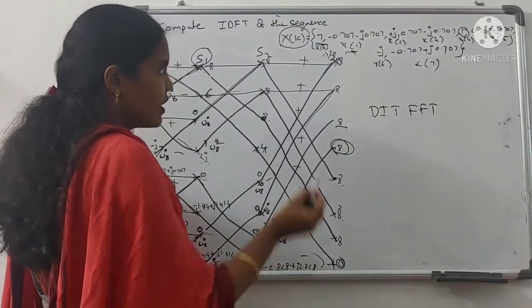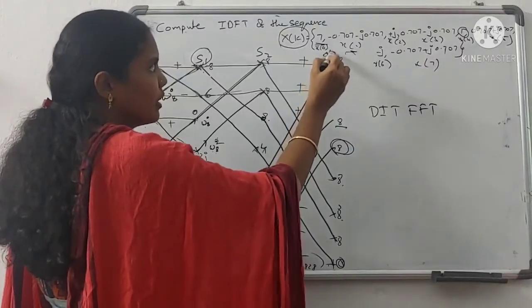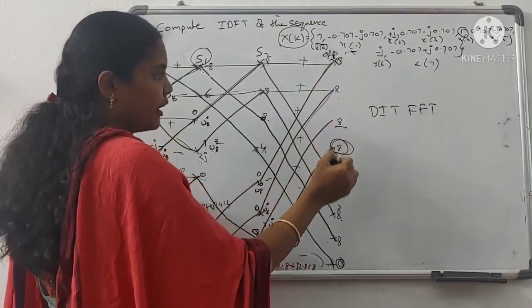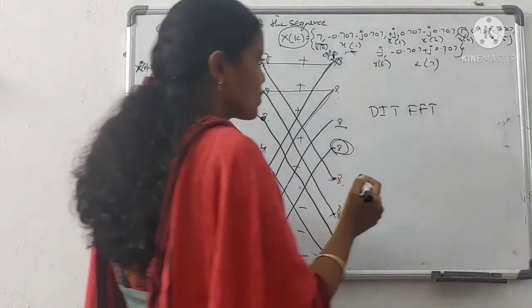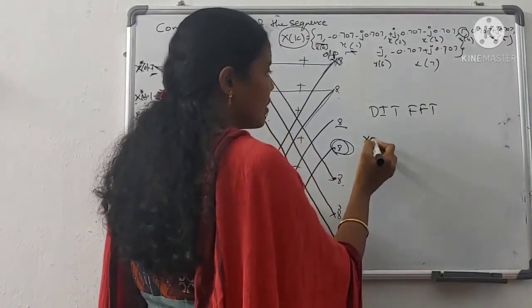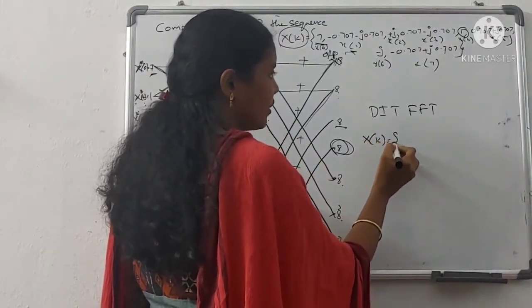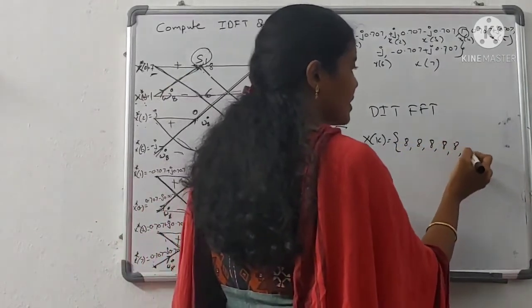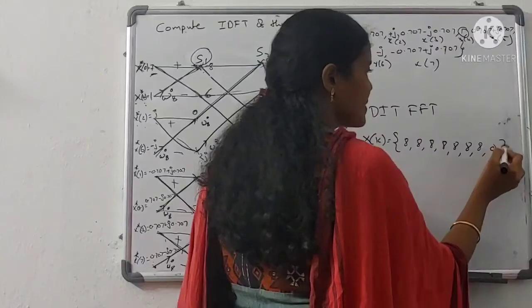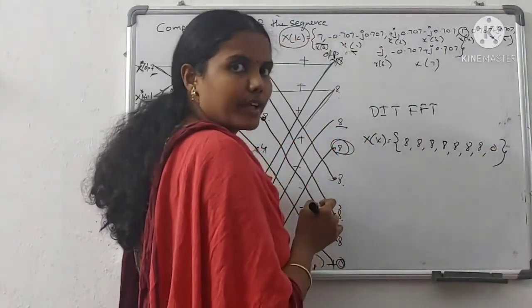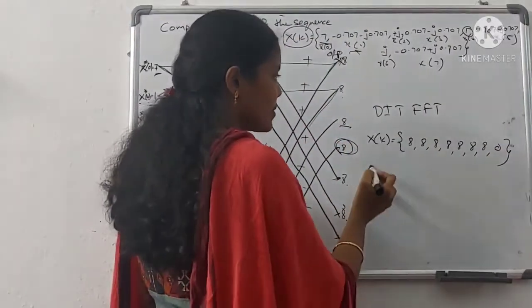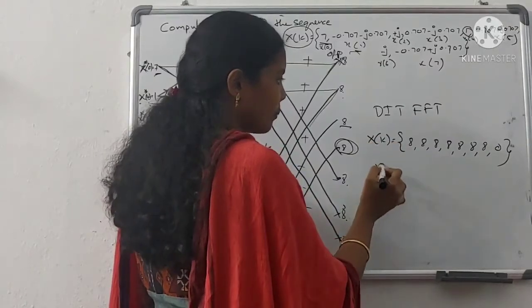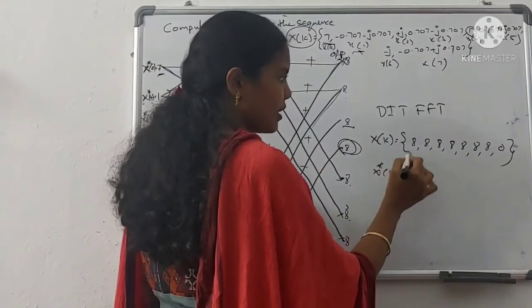you are getting the value as 0. So after getting the output 8, 8, 8, 8, 8, 8, that means what? X(k) is equal to what? You are getting 8, 8, 8 and 0. For inverse discrete Fourier transform, so you apply a conjugate, that means bit reversal.